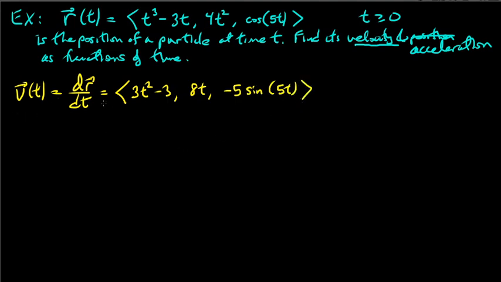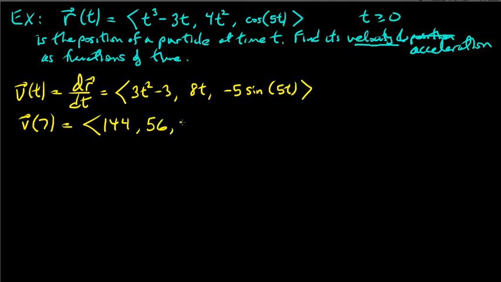And if you want the velocity at a specific time, say time t equals 7 seconds, then you just plug in 7 for t. I don't know why I picked 7 here, but let's see, 49 times 3 is 147. 147 minus 3 is 144. 8 times 7, 56.